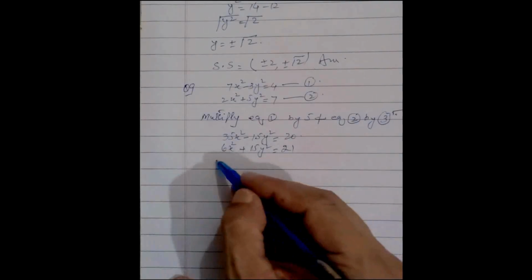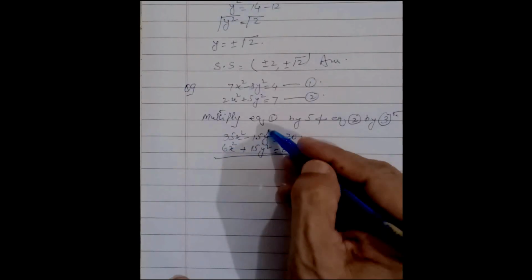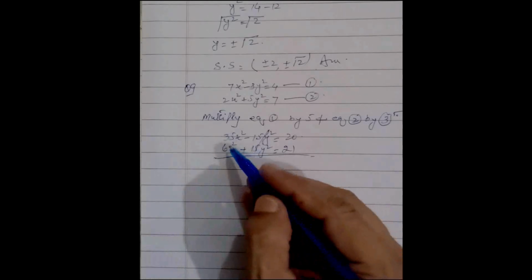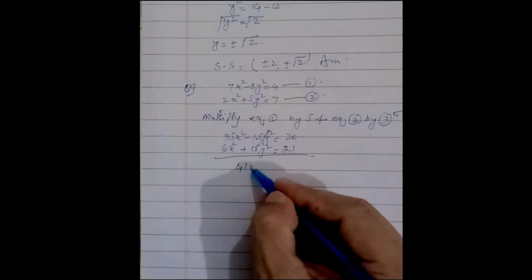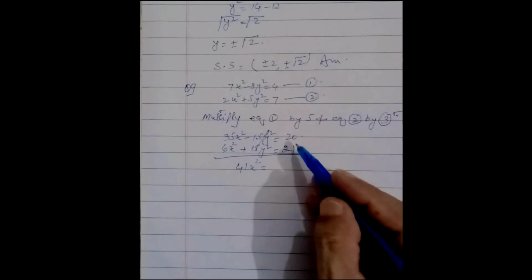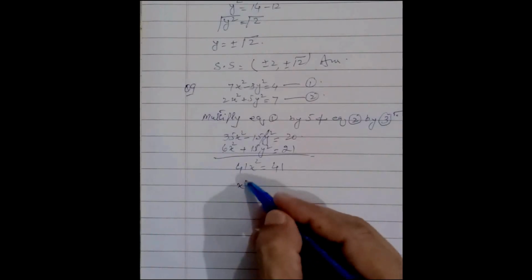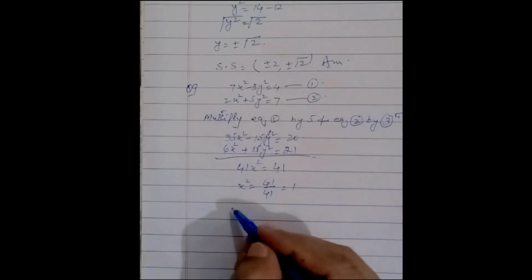Now we add question 1 and question 2. The 15y² terms, minus and plus, cancel each other. We get 35x² plus 6x², 41x², equal to 20 plus 21, 41. So x² = 41/41, which is equal to 1.